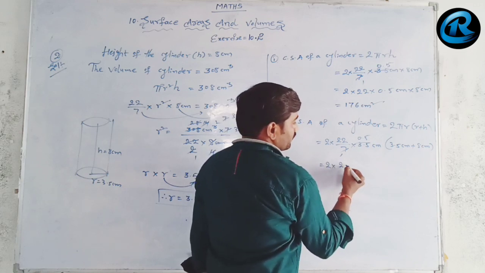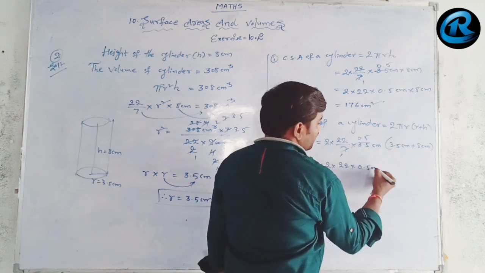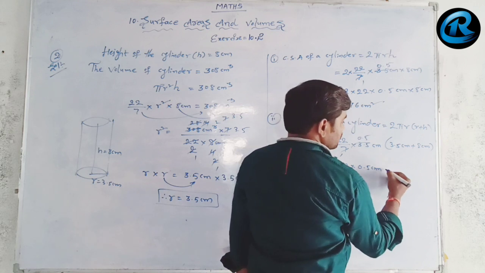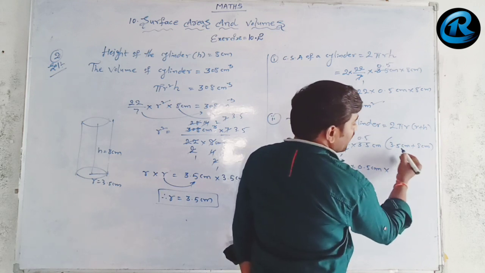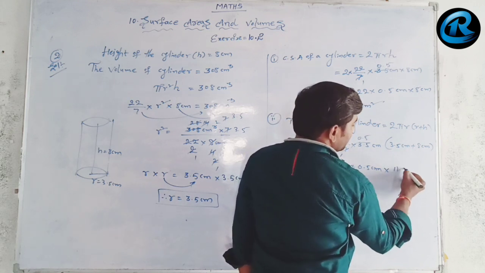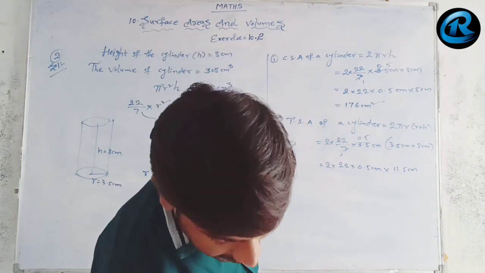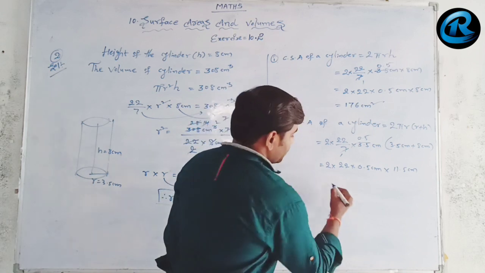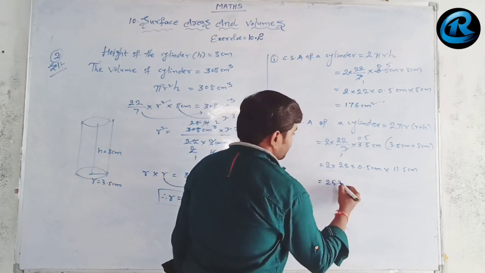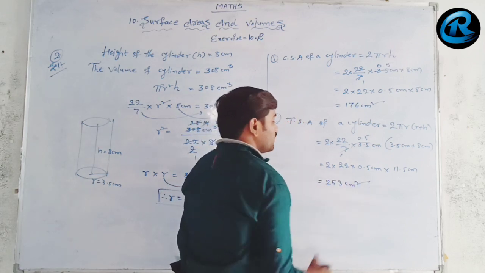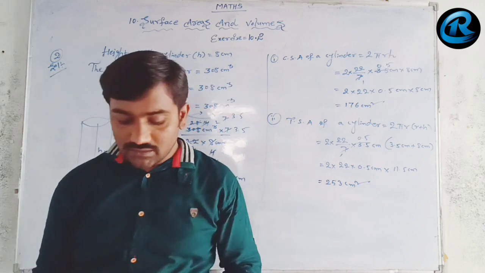So 2 into 22 into 0.5 centimeters into, here we need to add 8 plus 3.5, that is 11.5 centimeters. So you multiply this all, and you get 253 centimeters square. That is the total surface area of a cylinder.